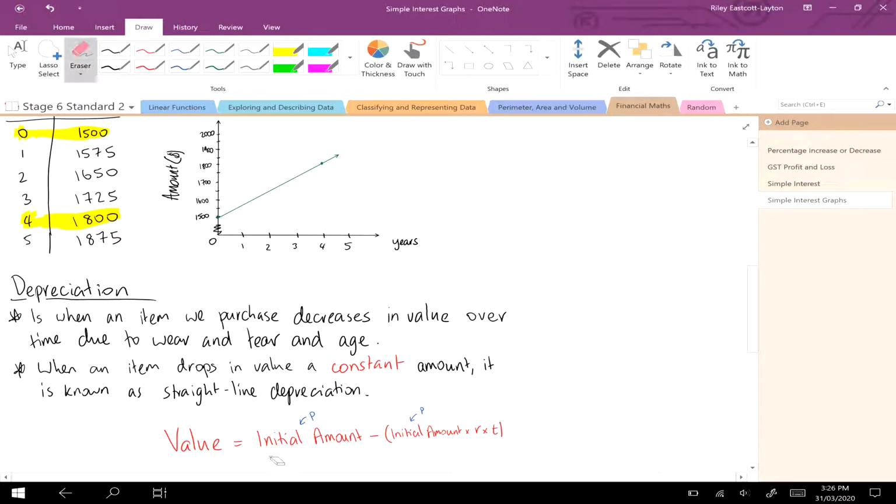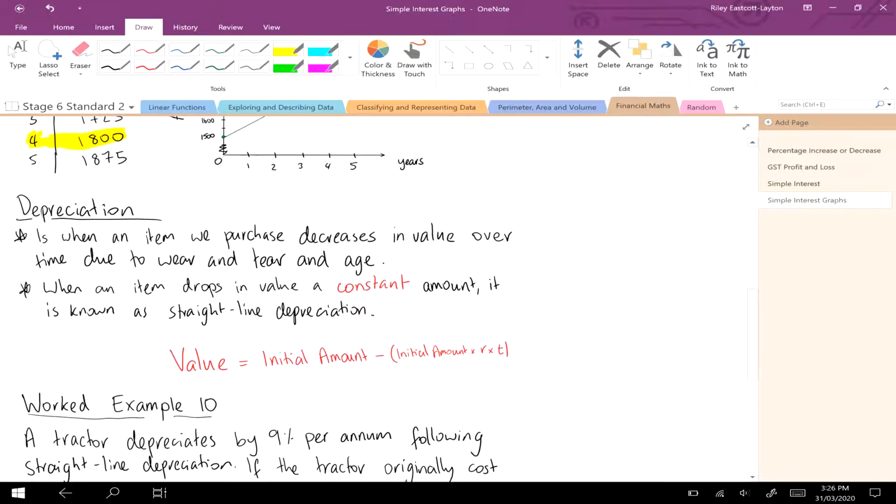So the initial P plus PRT, which is the interest. But of course, we're not adding anymore. We're taking away, because we're talking about depreciation. So this is our rule right here.